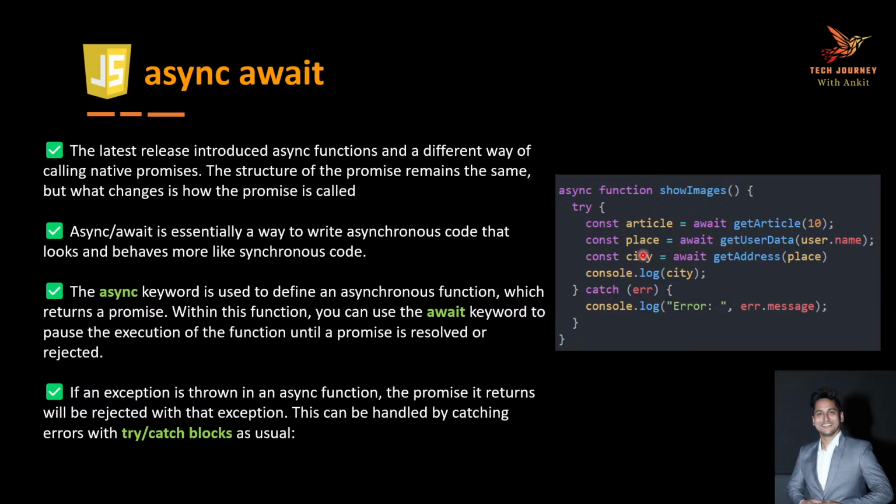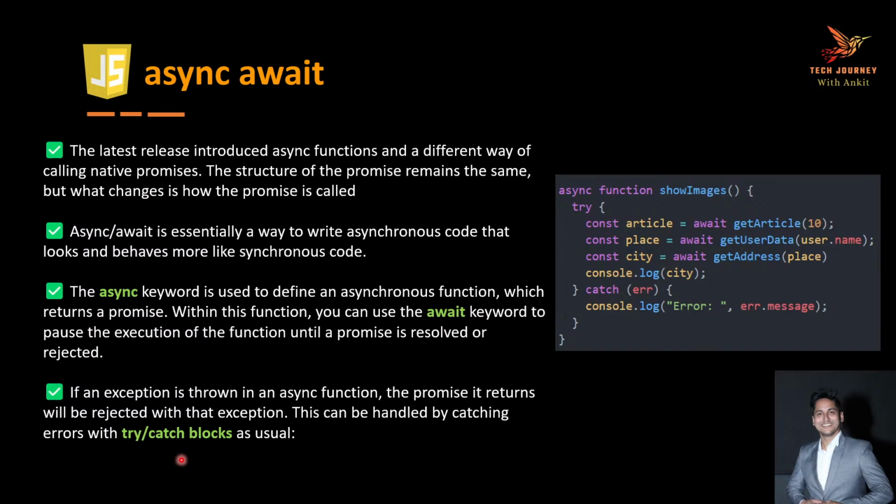Next point: whenever you have to do the error handling and you are using async await, you should go for the try catch block. This try catch block will be used to handle the error messages whenever you are using async await.